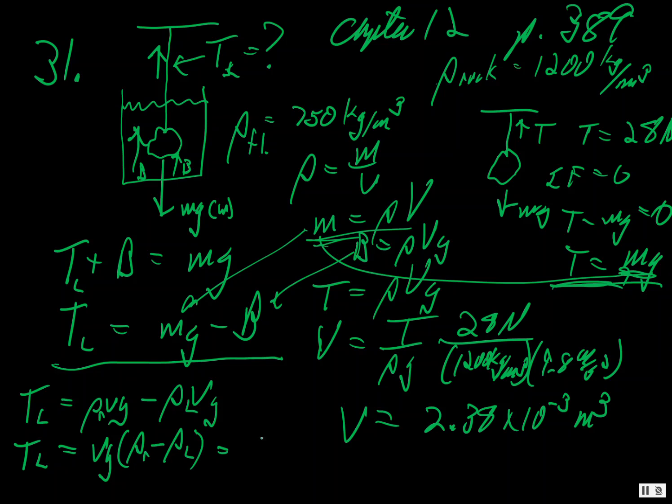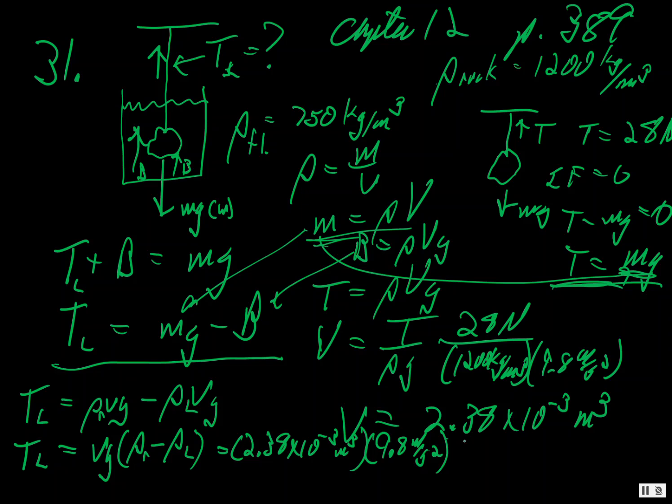So we got the volume of the rock, which is this right here. And by the way, we could say millimeters cubed. So we're going to say 2.38 times 10 to the negative third meters cubed times 9.8 meters per second squared.